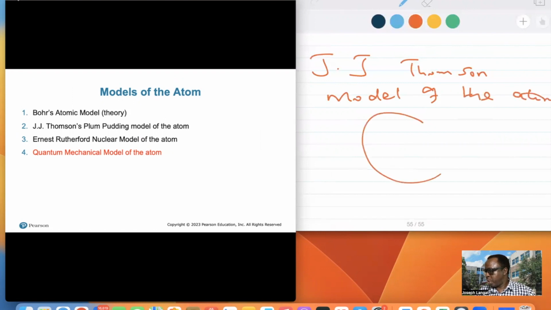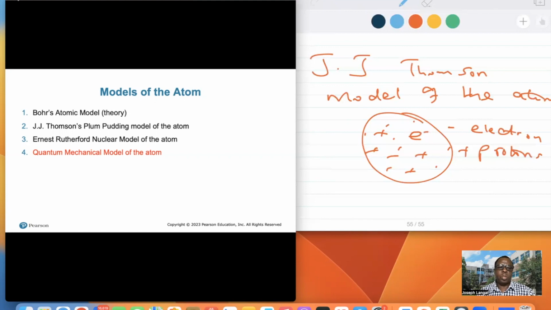He proposed that there is a homogeneous mix of electrons and protons, negative, positive, negative, positive. We call it the plum pudding model, where the negatives are electrons and, of course, the positives are protons.